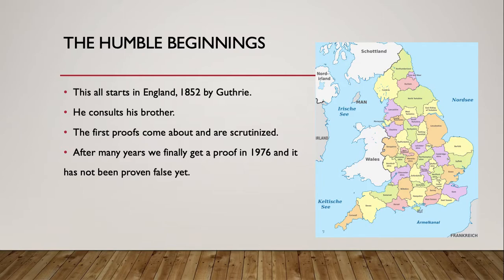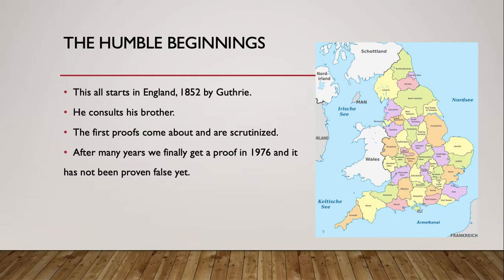And so he asked his brother, who at the time was studying math. Guthrie, who at the time was gearing up to become a lawyer, so of course he had to outsource his questions. And then a few years later, proofs start to come out, and more proofs come out.